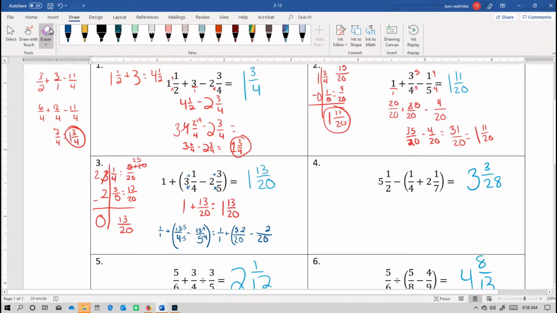I did. 65. And for this, it's going to give me 12 for 52. I was doing it too fast in my head. All right, so in that parenthesis, when I subtract these, I'm going to get 13 over 20.